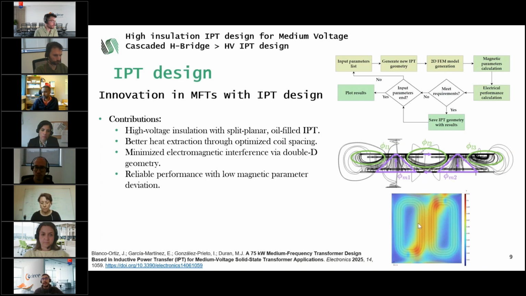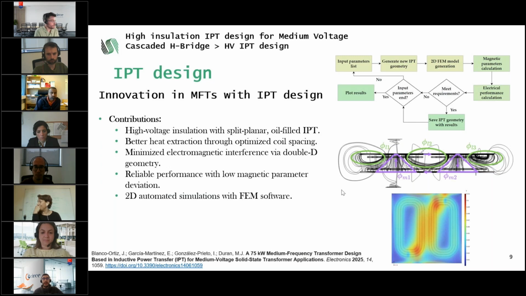These designs can be very replicable, because thanks to the drilling machine it is easy to build this kind of planar transformer with low deviation in the manufacturing process.